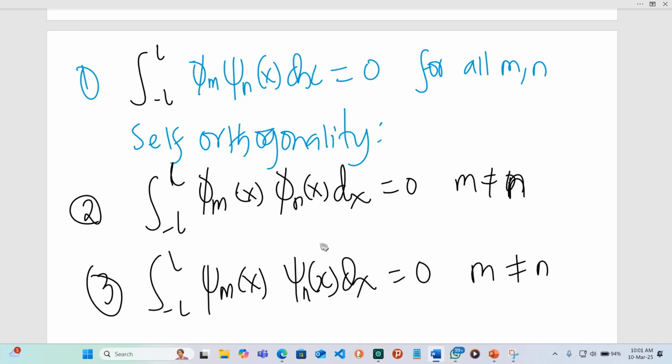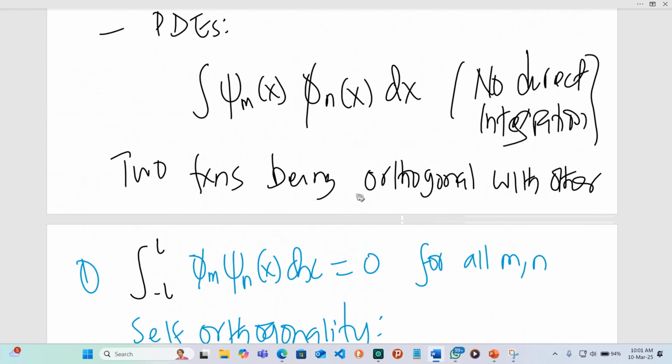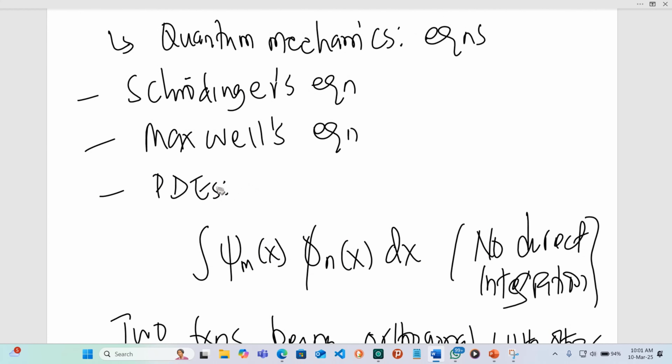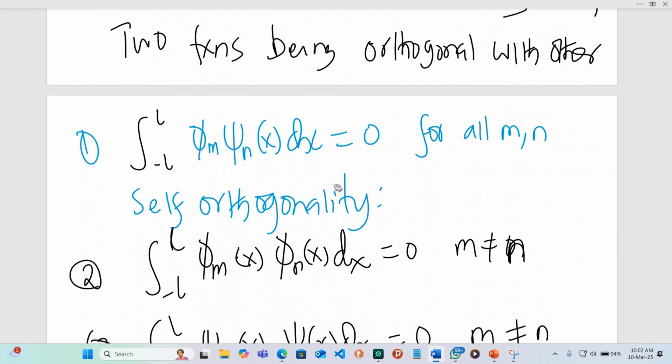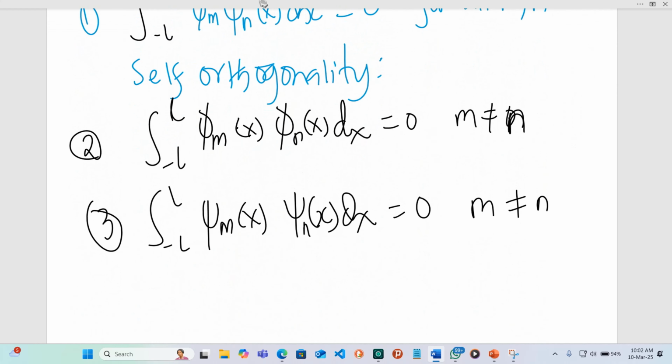These three important properties are going to be used while we are computing Fourier coefficients in the partial differential equations, or when you're dealing with such equations in quantum mechanics, and here Maxwell's is in electrostatic or electric fields, where Maxwell's equation is very paramount.